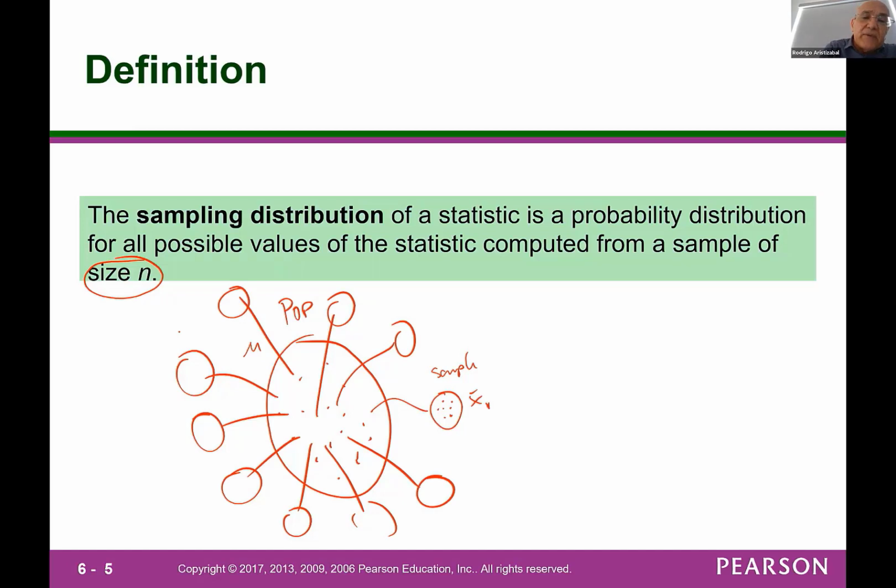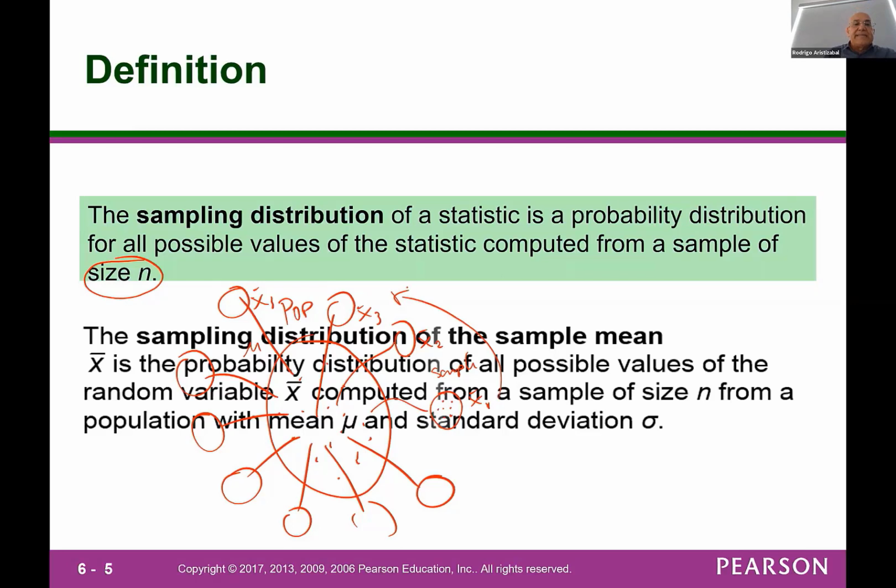Then we need to compute the mean for all of them, and so on. The sampling distribution consists of the distribution of all of these values, x1, x2, x3, all of these values.